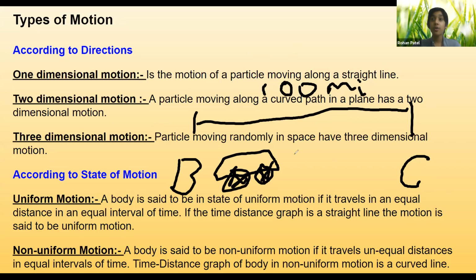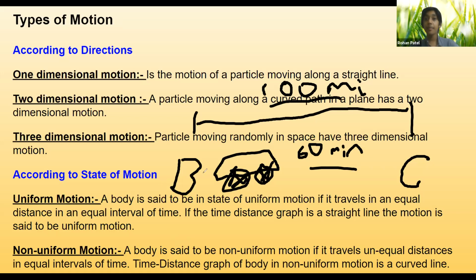But the car only goes at 60, so it reaches there in 60 minutes. So that's a non-uniform motion, because our distance does not equal the time.